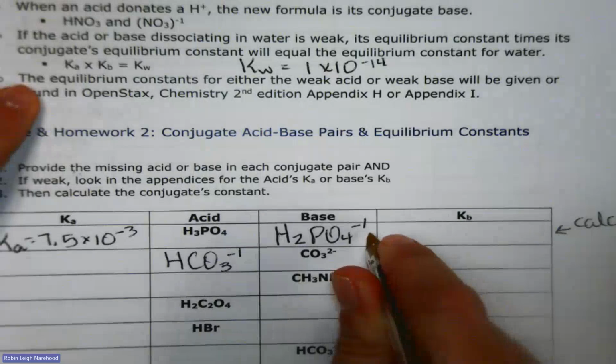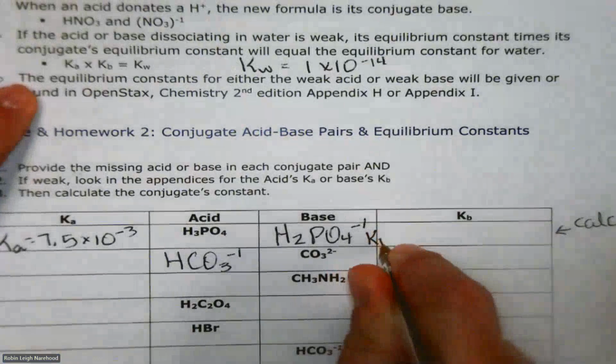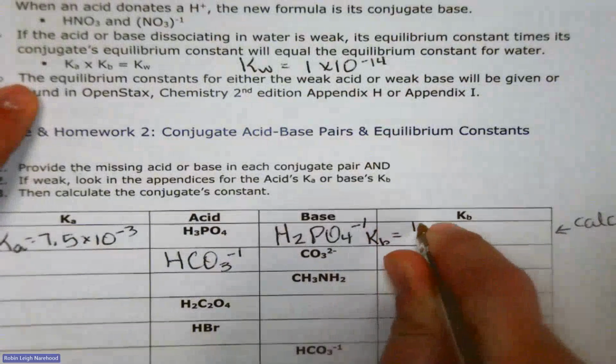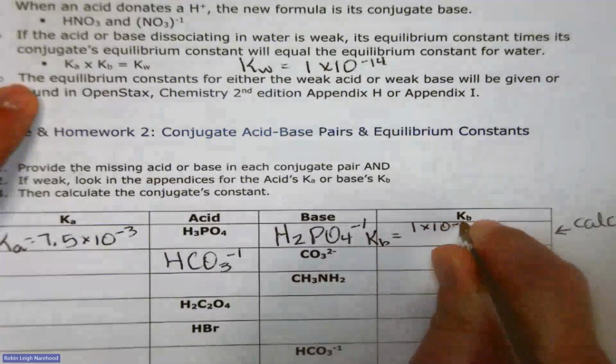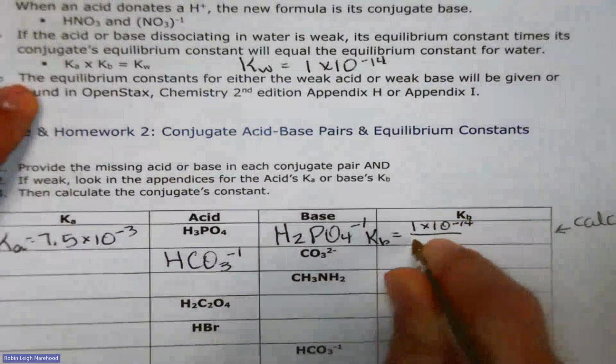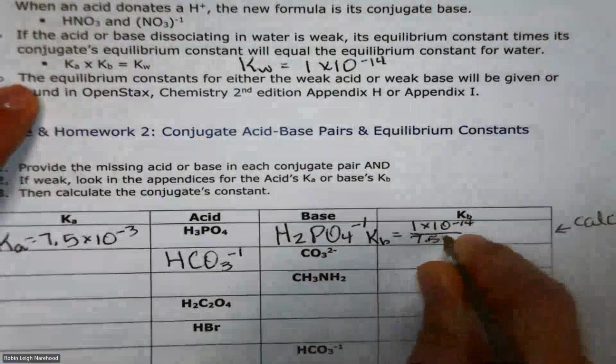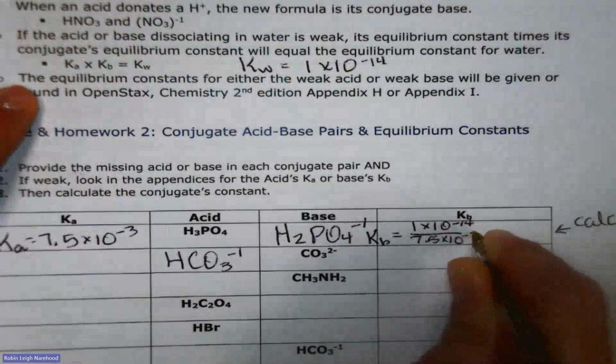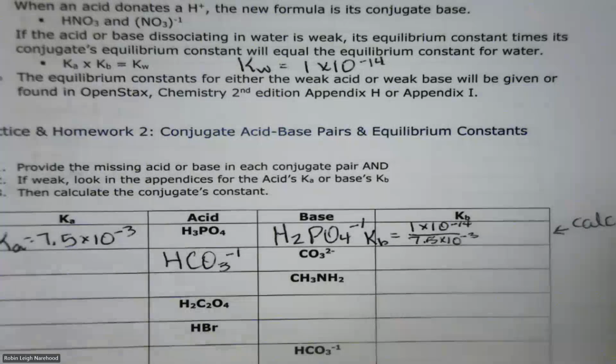And so our Kb is going to be equal to 1 times 10 to the negative 14 divided by 7.5 times 10 to the negative 3. Every calculation is going to look just like this, which is going to be the constant that you have to calculate is going to be equal to water's constant divided by the conjugate's constant that you found in the appendix. Your number is going to be very small.